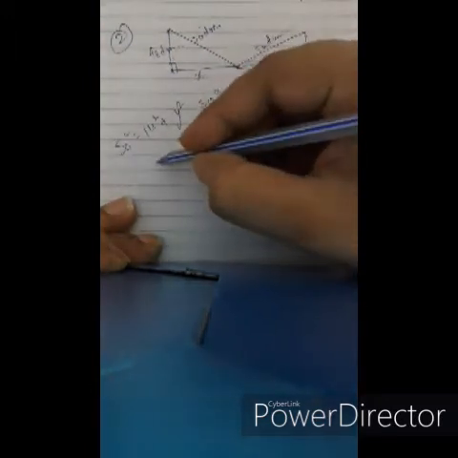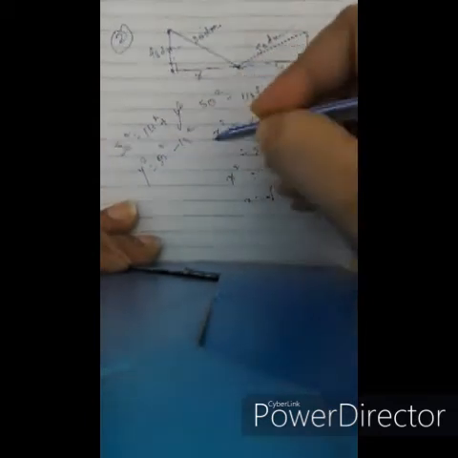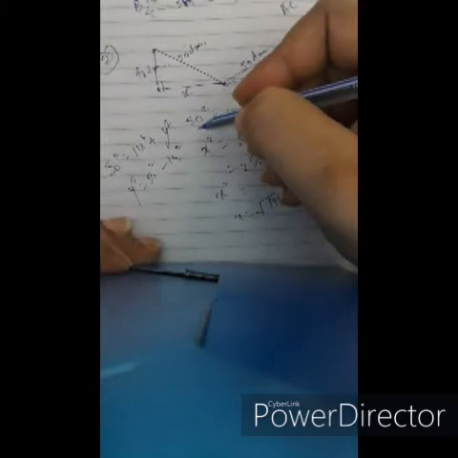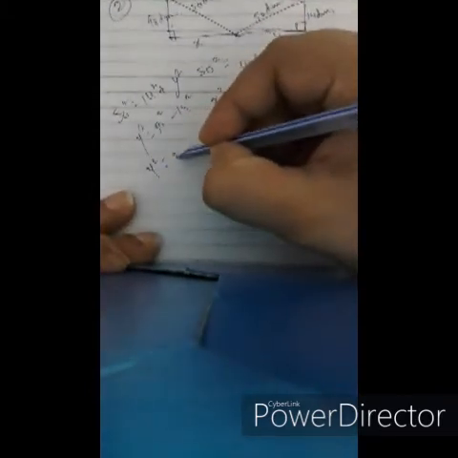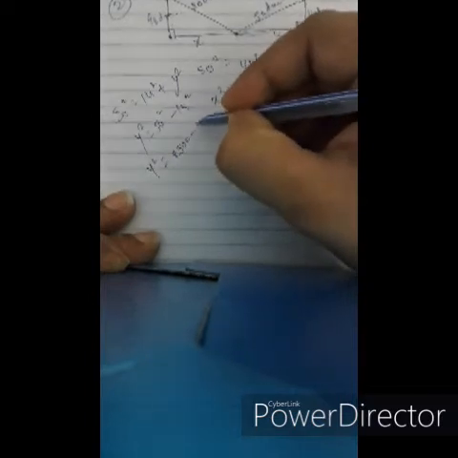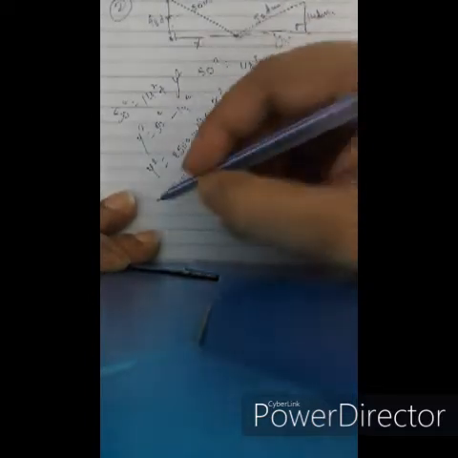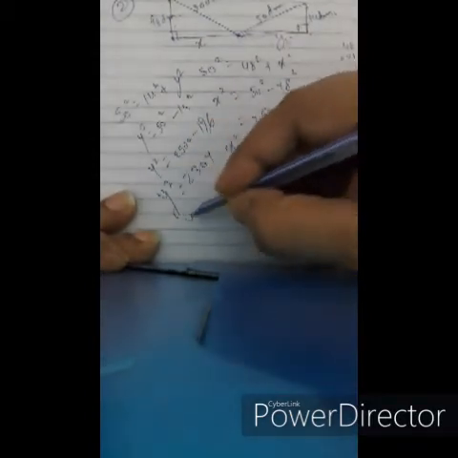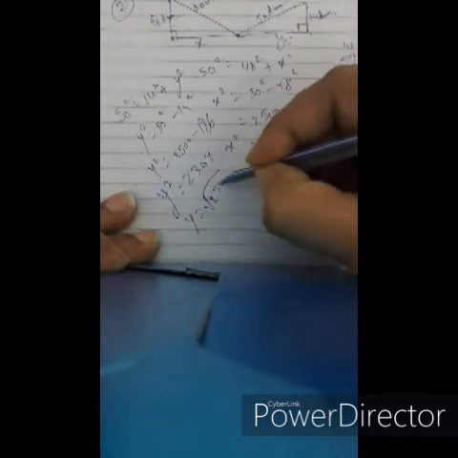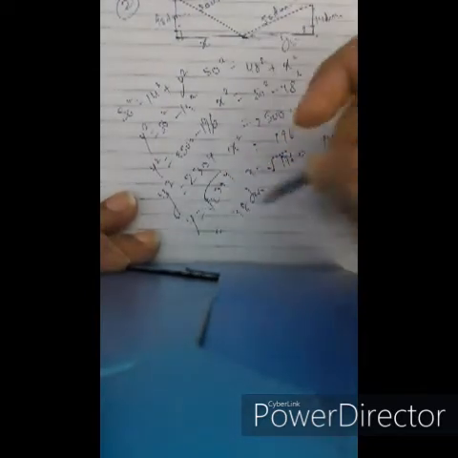So y square equals 50 square minus 14 square. That means y square equals 2500 minus 196, that is 2304. So y becomes root under 2304, that is 48 decimeter.